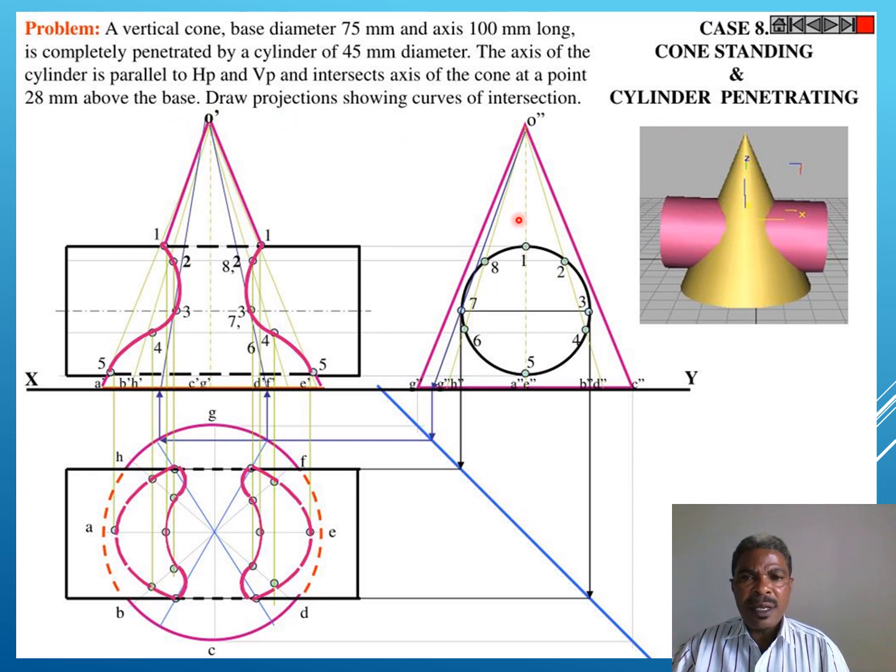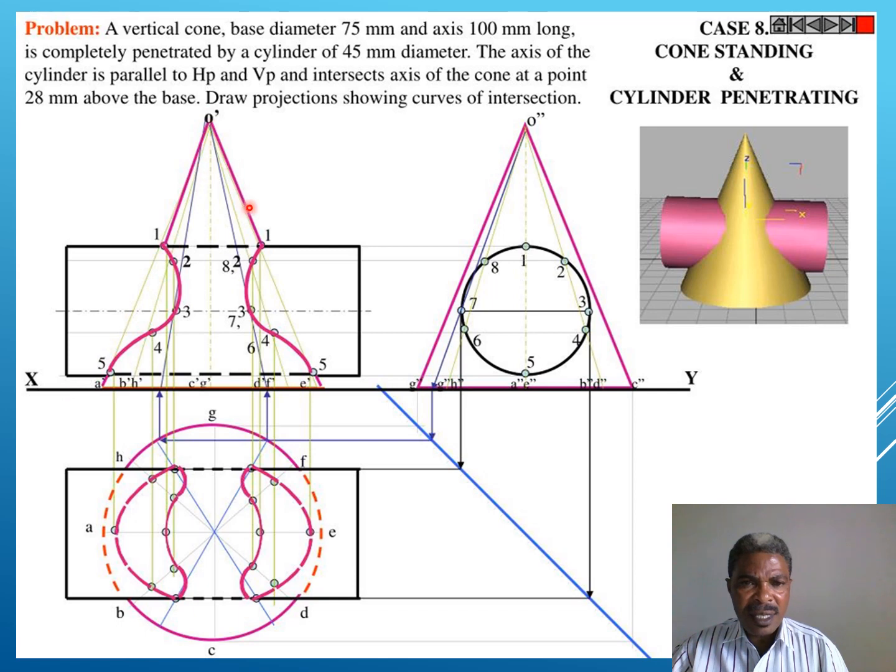We have another example, which is a cone and a cylinder. This cylinder is interpenetrating a standing cone. How to go? First of all, you need to construct the plan and front view for the two cases.